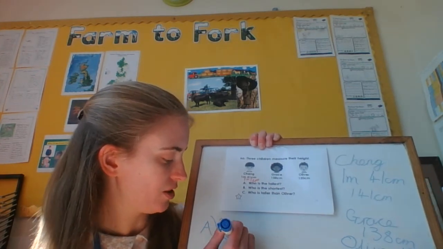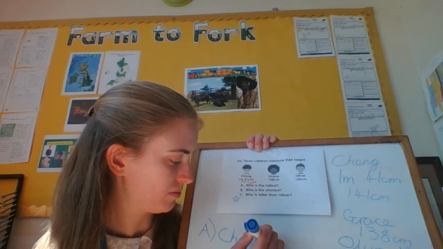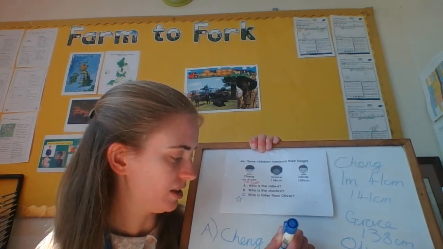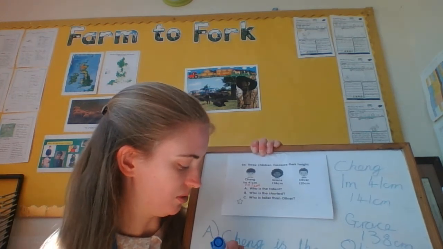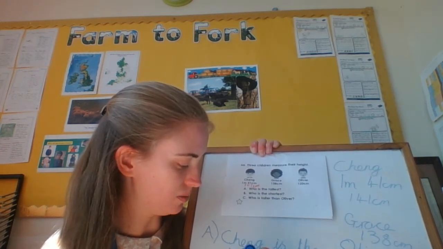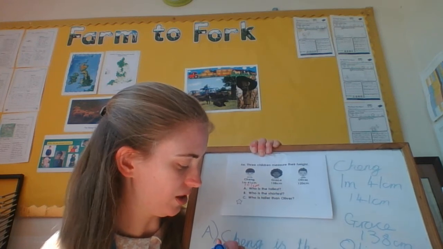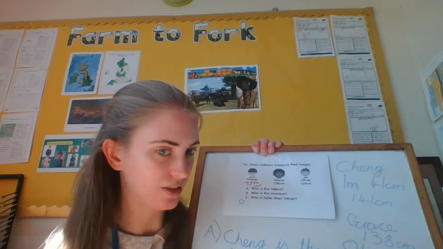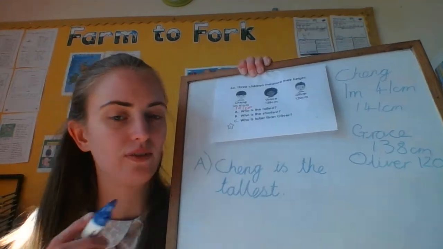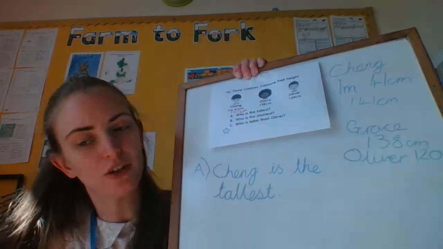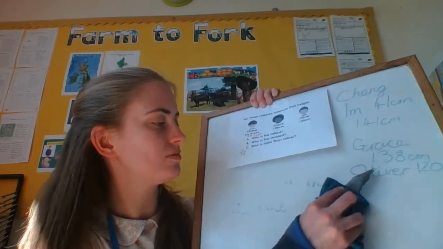So, Cheng is the tallest, would be what I would write in my maths book. Making sure I have a capital letter and a full stop. Okay, Cheng is the tallest, capital letter, full stop. Lovely.